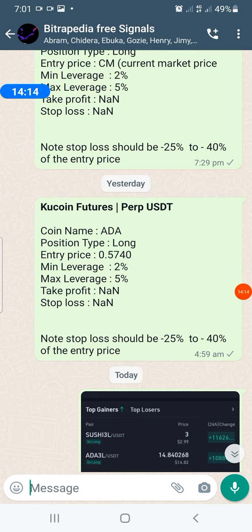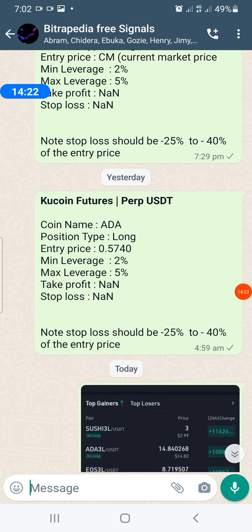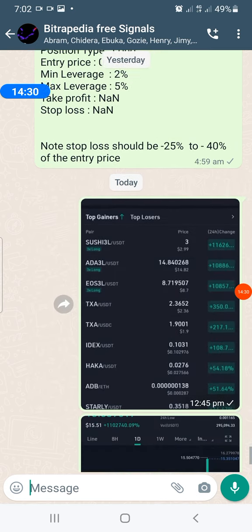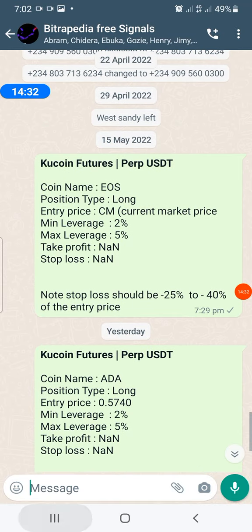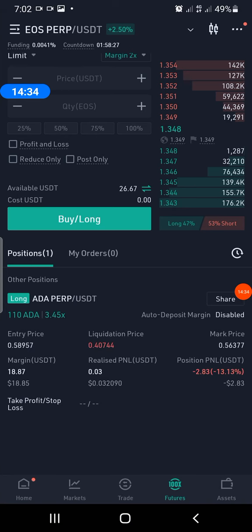Like what I gave here: coin name ADA, position long, entry price, minimum leverage, maximum leverage, take profit, stop loss. Then a kind of instruction on how you should be taking the trade and so forth. So let's go back to KuCoin.